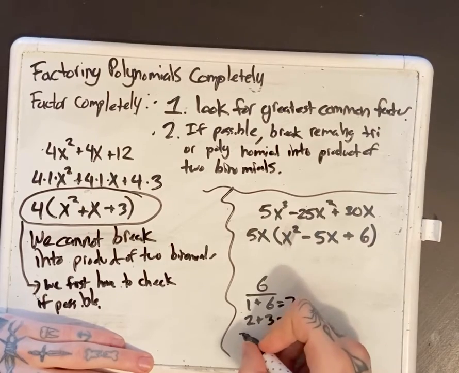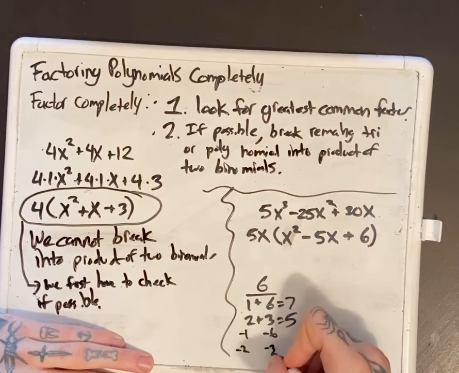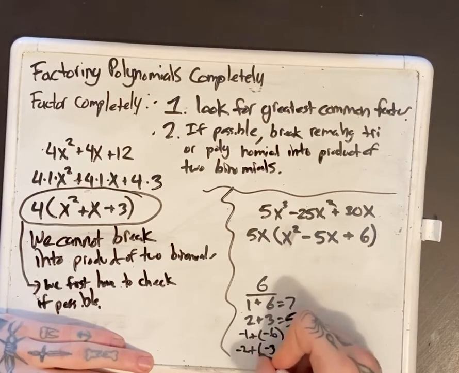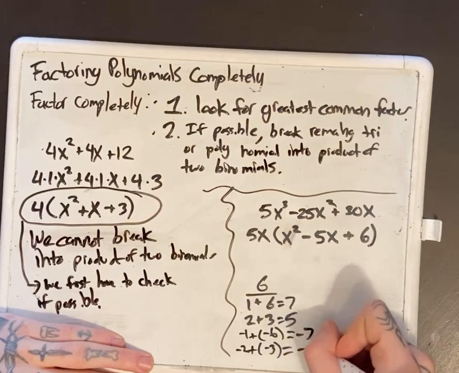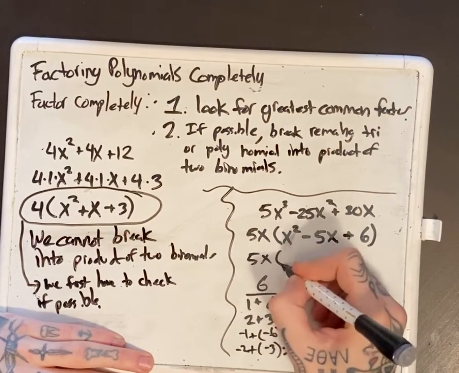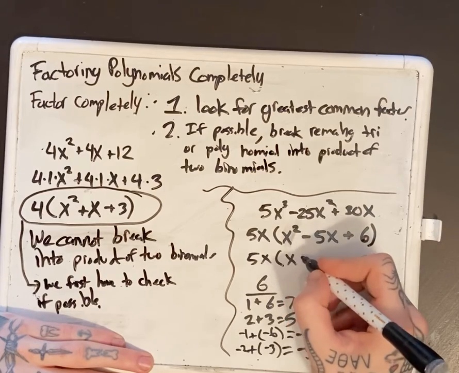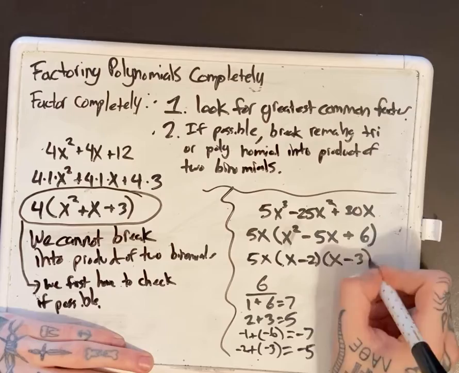But again, I said it can also be negative numbers, because a negative times a negative is a positive. So negative 1 times negative 6 is negative 7, negative 5. So we want those ones. So we're going to get 5x times x minus 2, x minus 3.